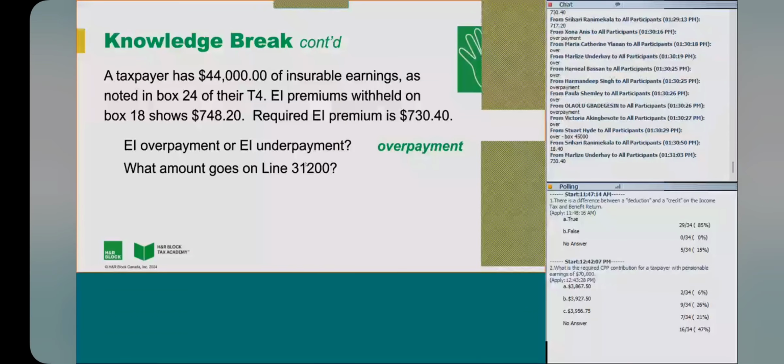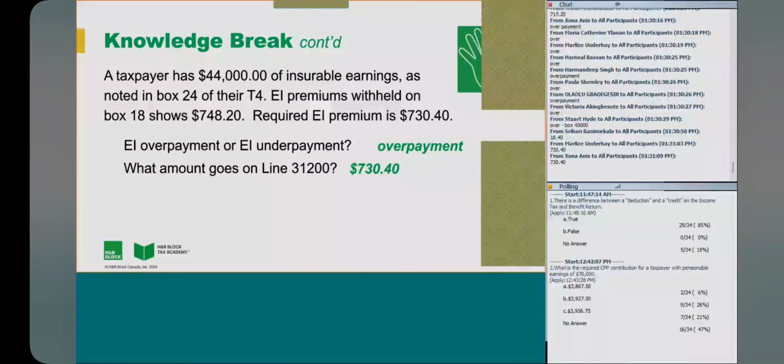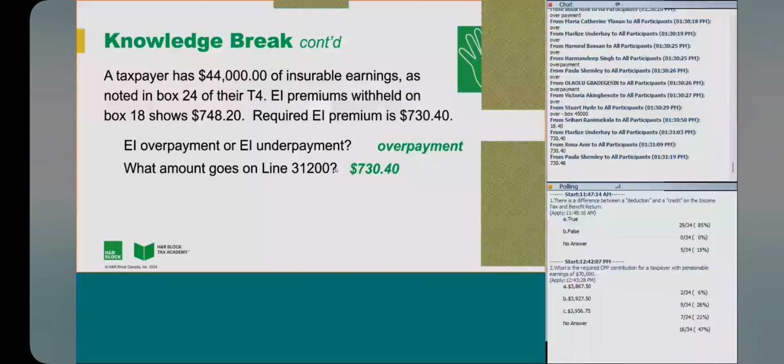So this is going to be the required premium only, not the amount they actually paid, only the required premium, $730.40. The amount over $730.40, they're not required to pay. So that is an overpayment.